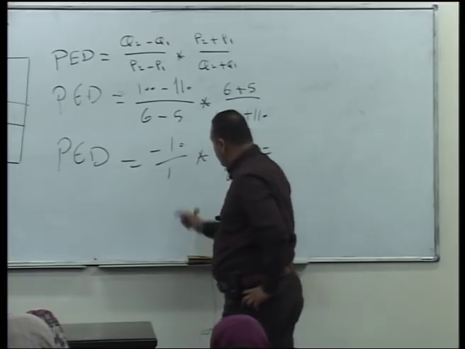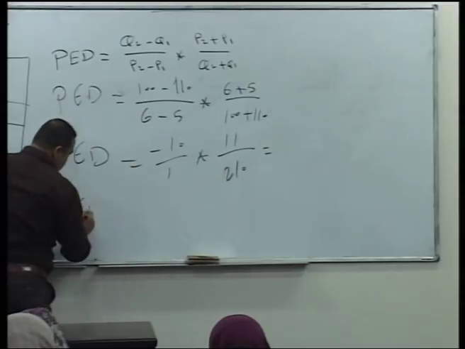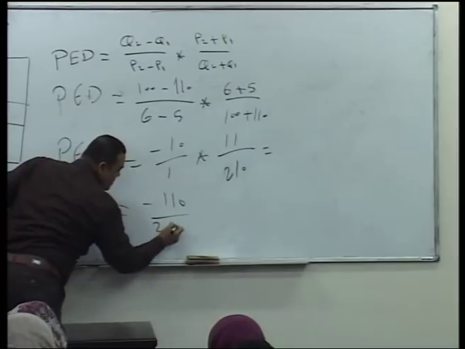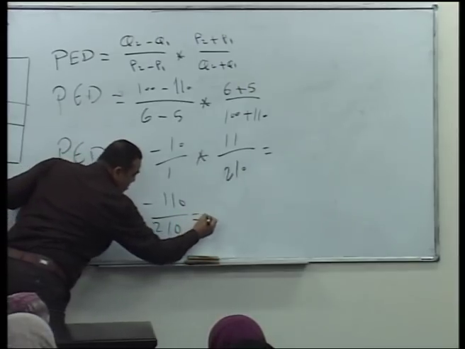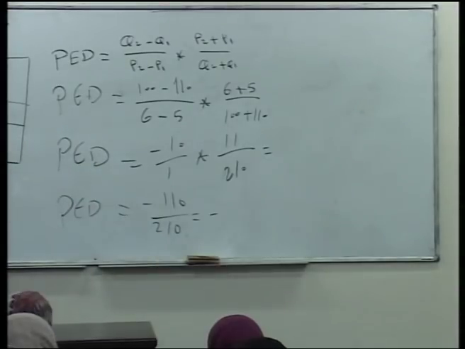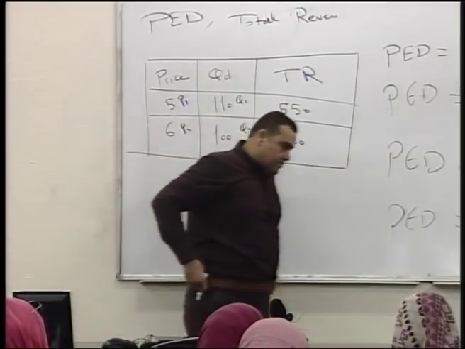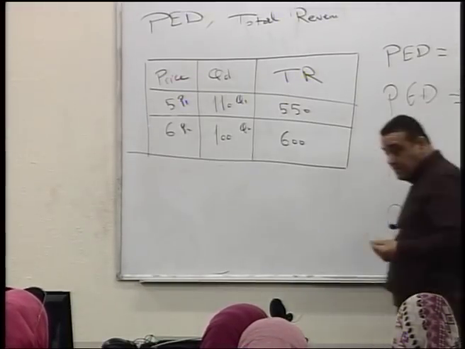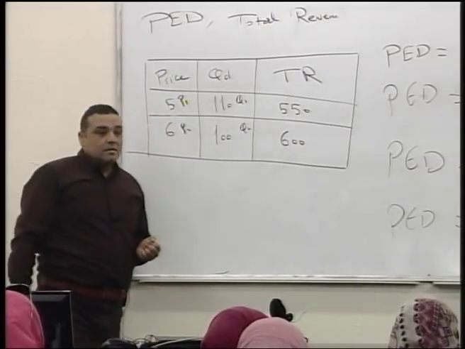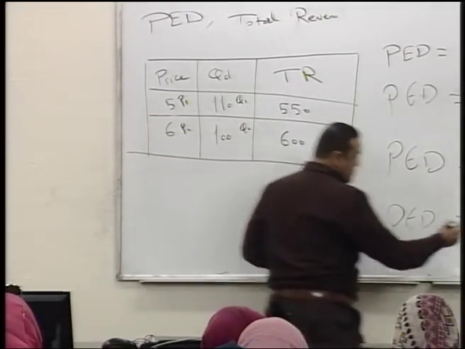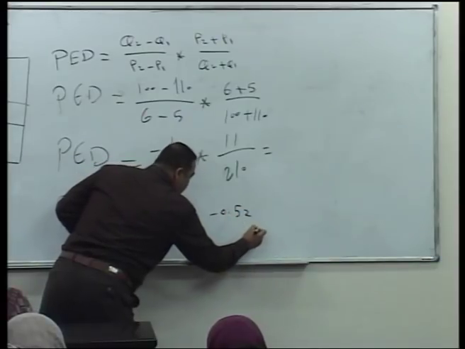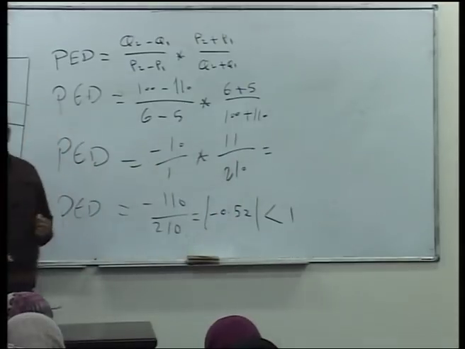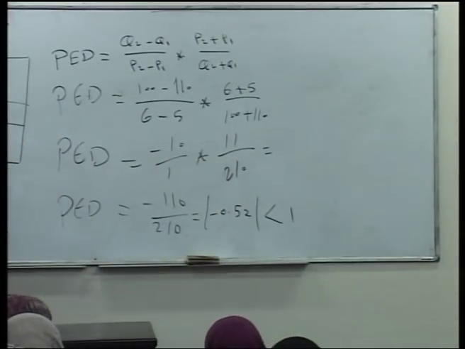How much is it? PED equals minus 110 over 210. Minus how much? 0.52, which is less than 1 in absolute value, so the demand is inelastic.